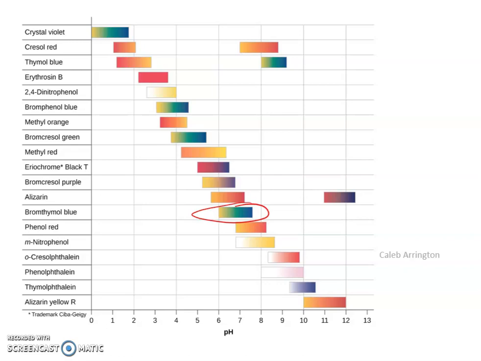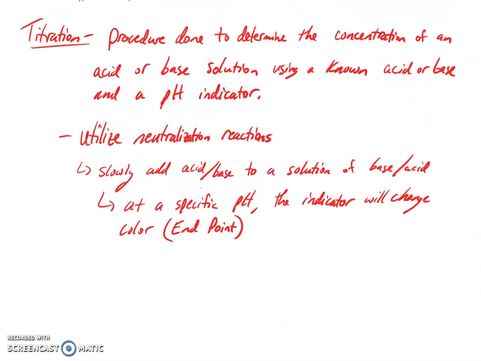In high school labs, phenolphthalein is probably your most prevalent pH indicator, just beyond neutral. As soon as you get above 7, bordering on pH 8, it goes from a completely clear solution to a light pink. That's a really good pH indicator to know when you've gotten just past the pH of 7.